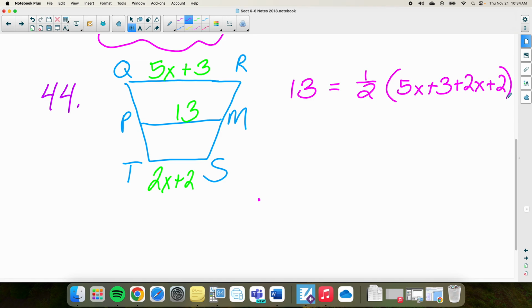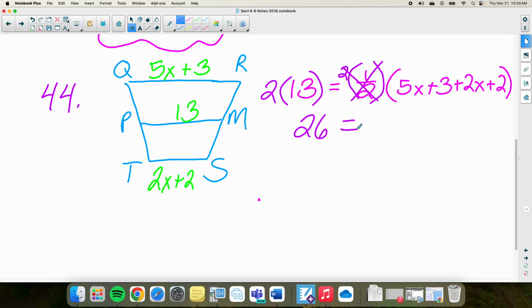Okay, then when you go to do this, I'm going to multiply this by 2. So then I have to multiply this by 2. The reason I multiply by 2 is these cancel. 2 times 13 is 26.